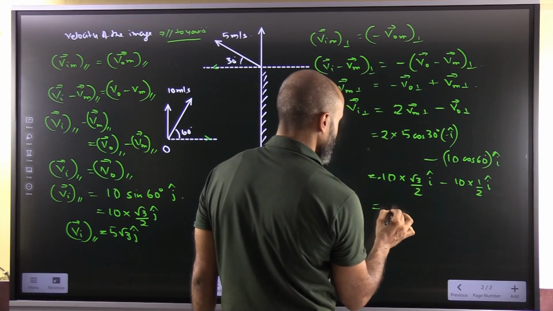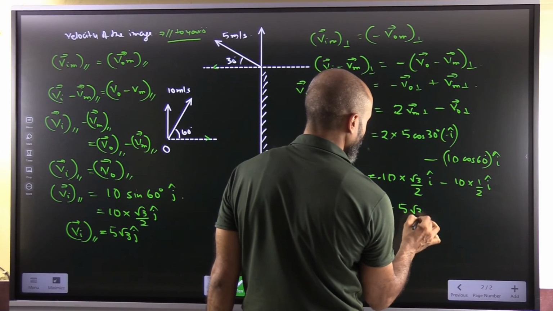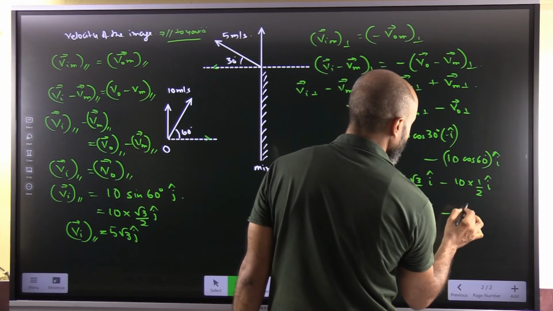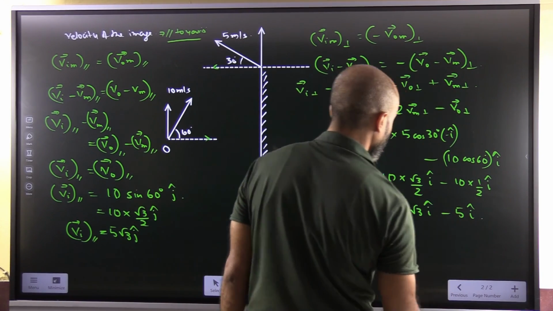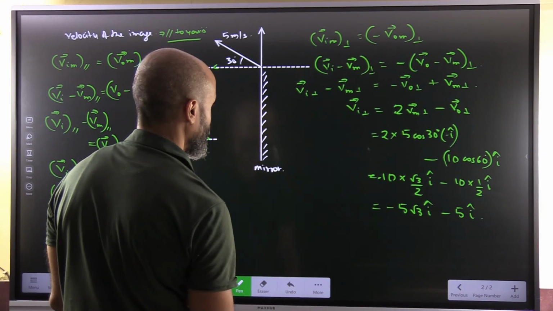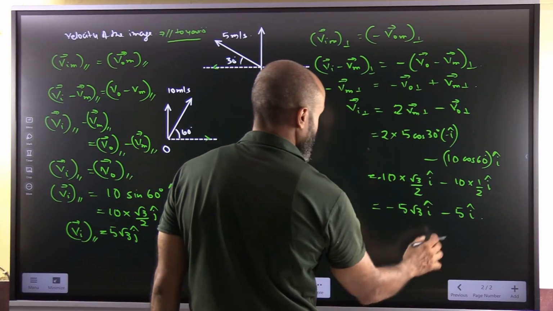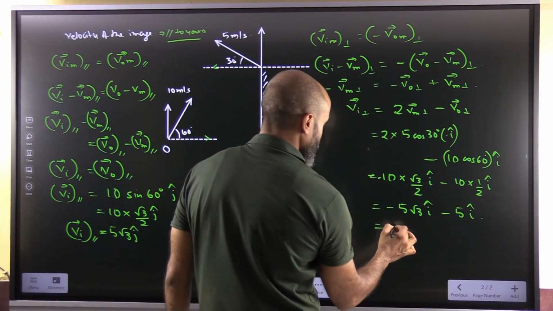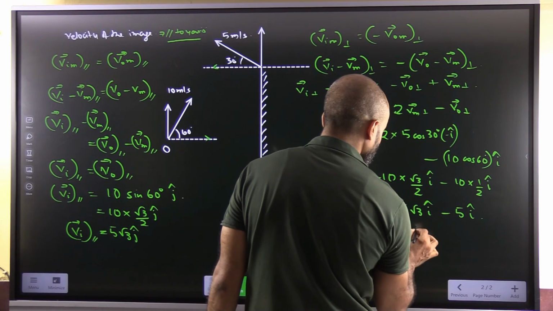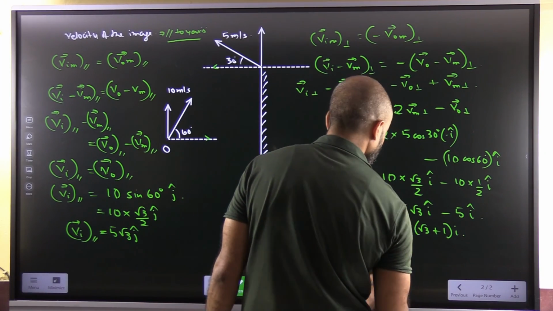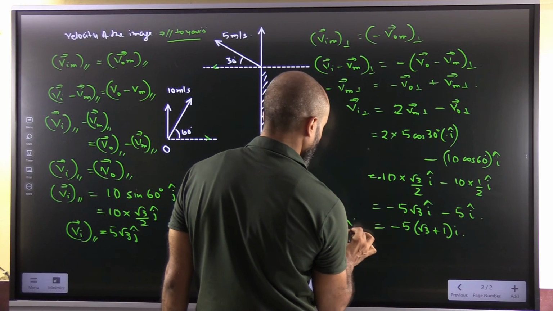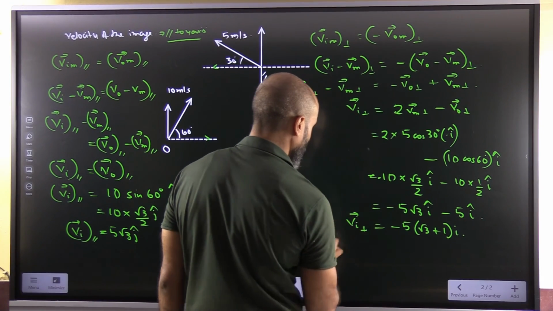So that's going to give us minus 5 under root 3 I cap minus 5 I cap. If I take the minus 5 as common, minus 5 under root 3 plus 1 I cap. That will be the velocity of the image along the perpendicular component.